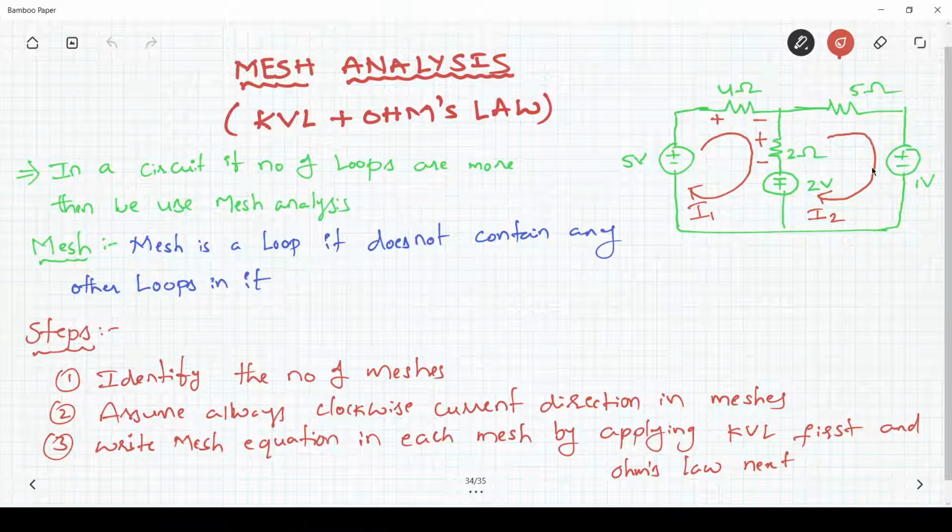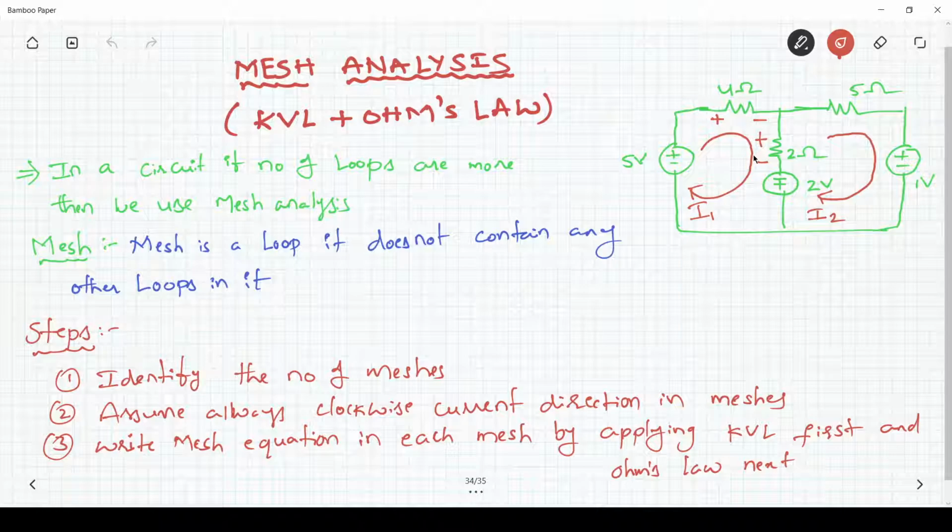In the 2 ohm resistor, if you carefully observe, two currents are flowing. One is I1 flowing in the downward direction and I2 in mesh 2 is flowing in the upward direction. So the voltage drop across the 2 ohm resistor is I into R, where I is I1 minus I2. Why I1 minus I2?